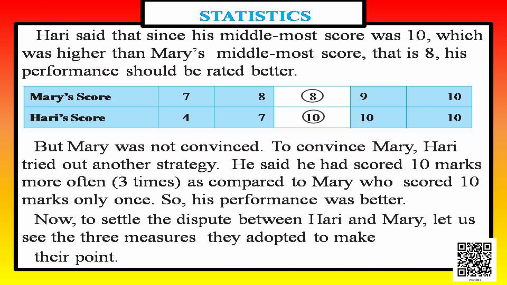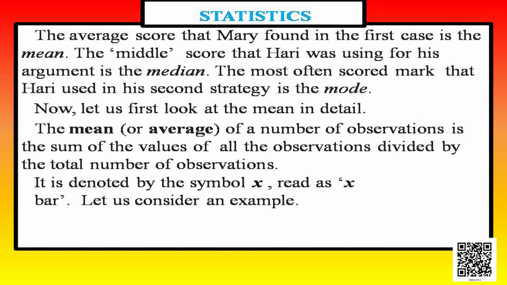Now to settle the dispute between Hari and Mary, let us see the 3 measures they adopted to make their point. The average score that Mary found in the first case is the mean. The middle score that Hari used in his argument is the median, and the most often scored mark that Hari used in his second strategy is the mode.